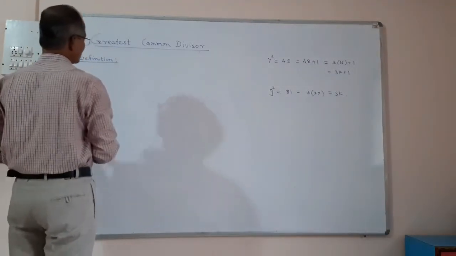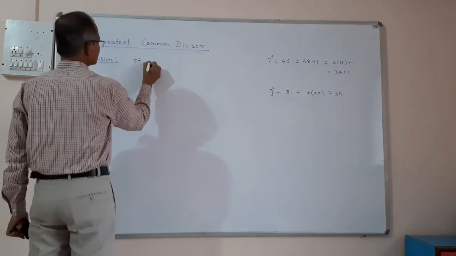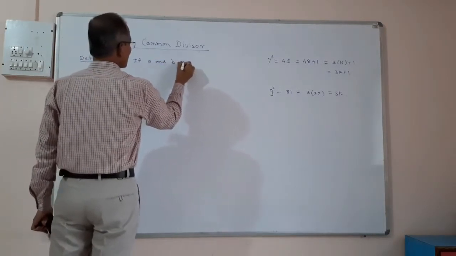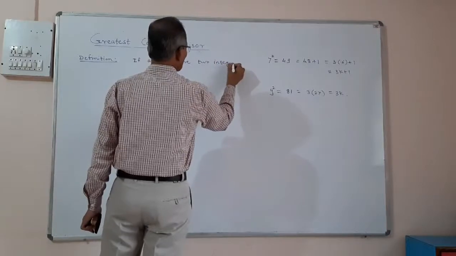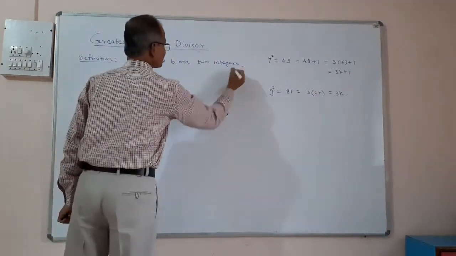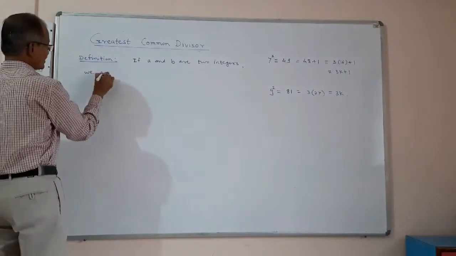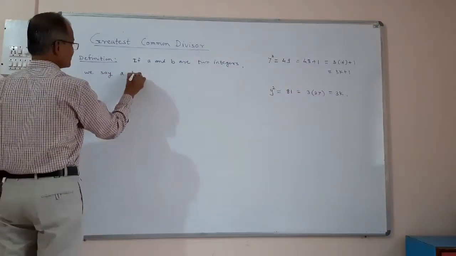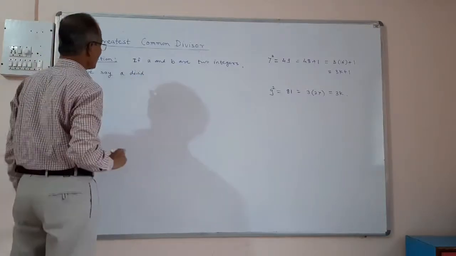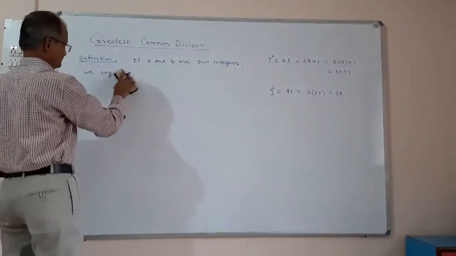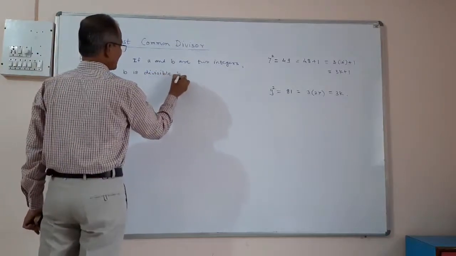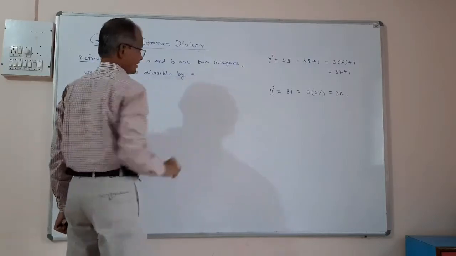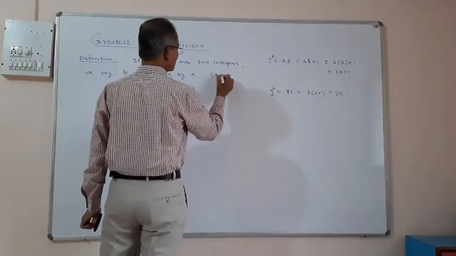If a and b are two integers, we say a divides b, or we say b is divisible by a. And the condition is a not equal to 0.